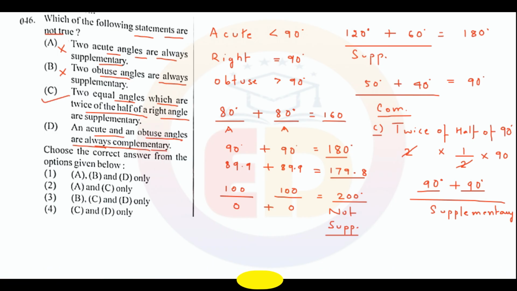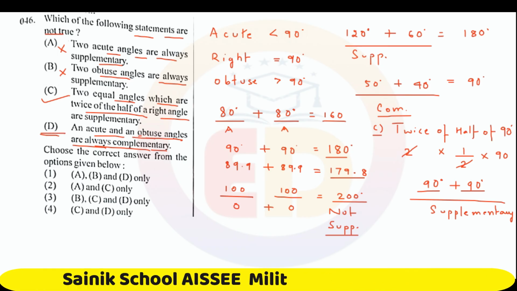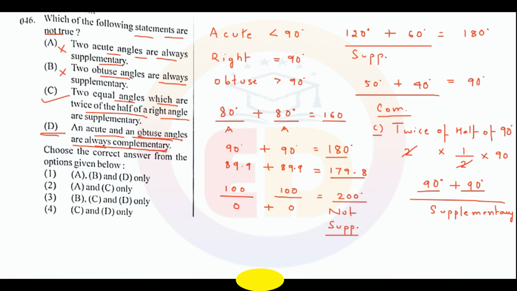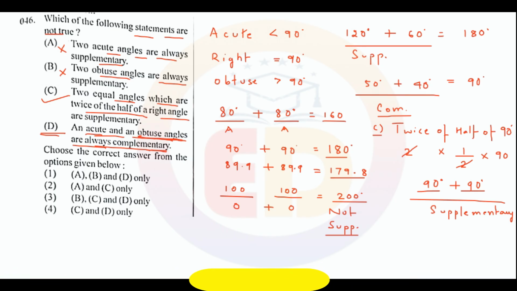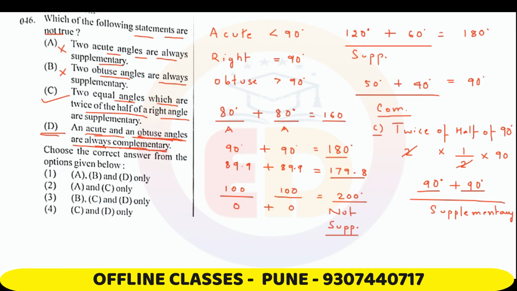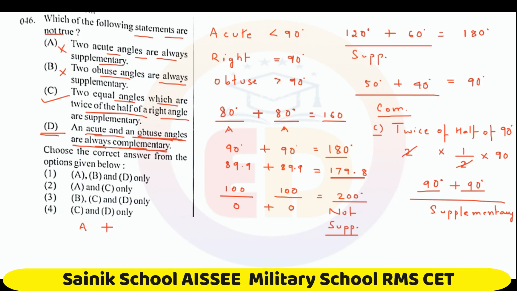Option number D, an acute and an obtuse angle are always complementary. It is not possible, because an obtuse angle itself is greater than 90, and when an acute angle is added to it, it can never be complementary, which means their sum should be 90. Let's take an example of an acute plus an obtuse angle.